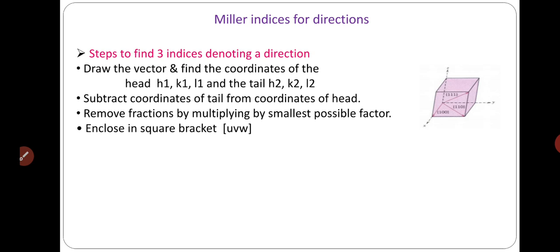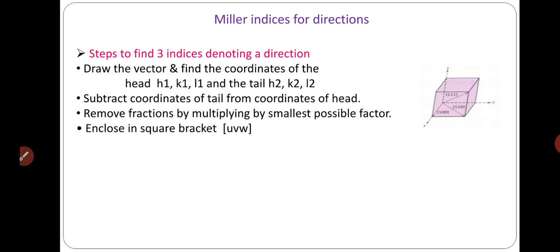Remember here, this vector should start from the origin. Any corner of the cube can be taken as an origin for this vector. So here in this figure, the origin is selected and 3 different vectors are shown along x, y, and z. Now, to calculate the Miller indices for these directions, what to do? Subtract the coordinates of the tail from the coordinates of the head.